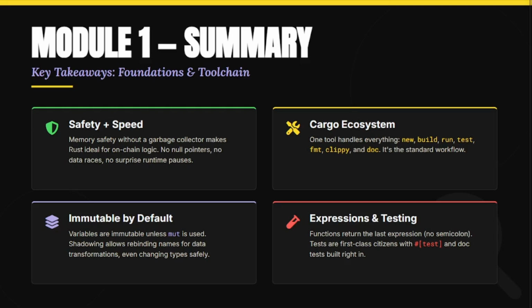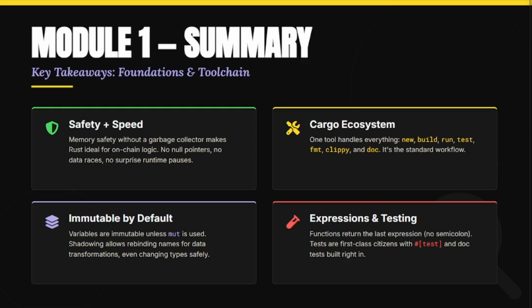By default, all variables are immutable unless you explicitly use mut. Shadowing allows you to rebind names for data transformations, even changing the type of a value, while keeping each intermediate binding immutable and safe. We also spoke about expressions and testing.